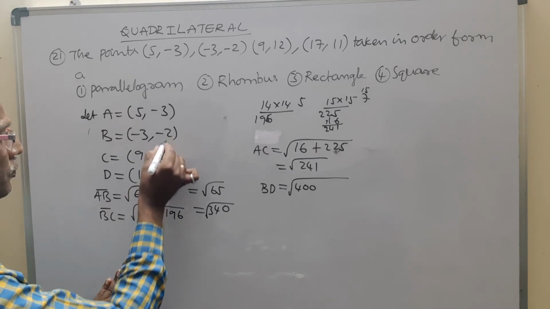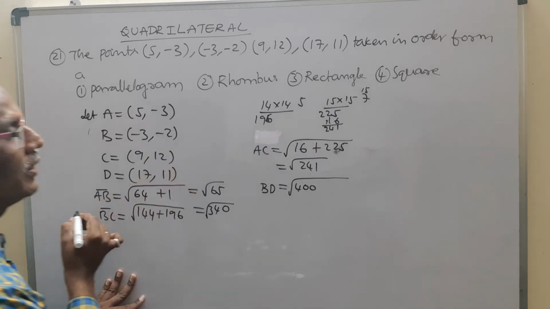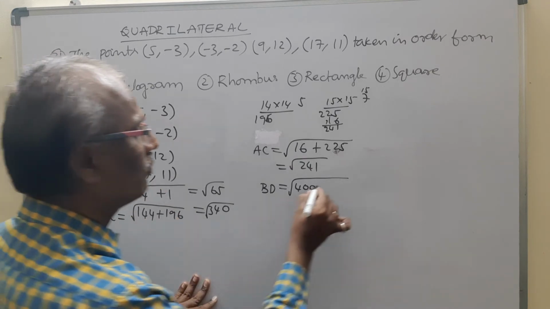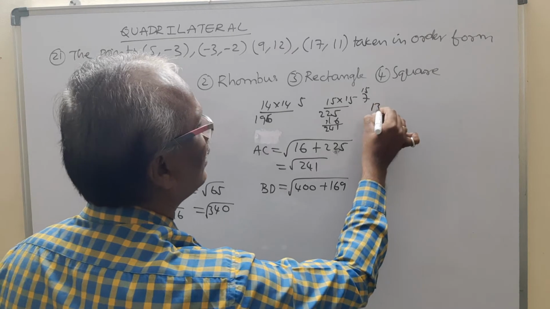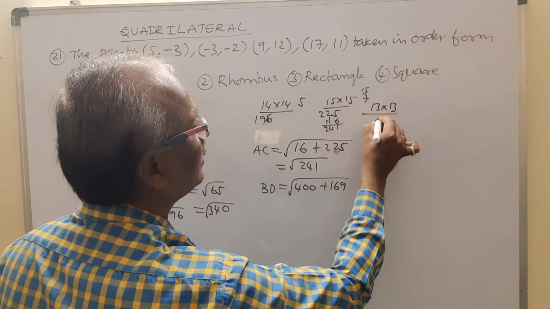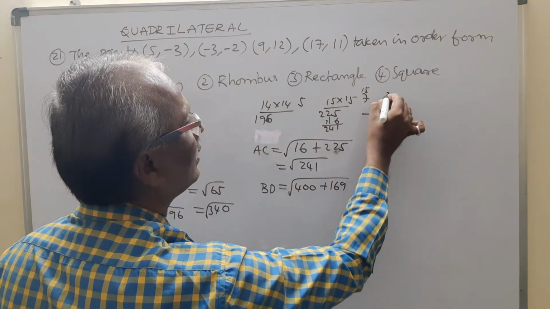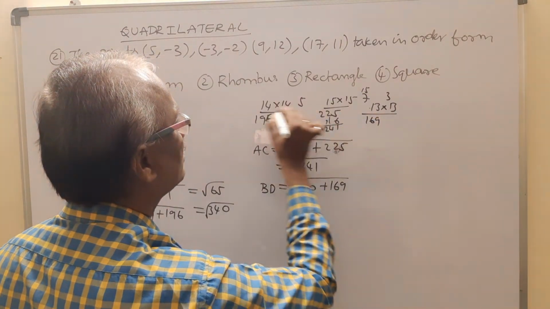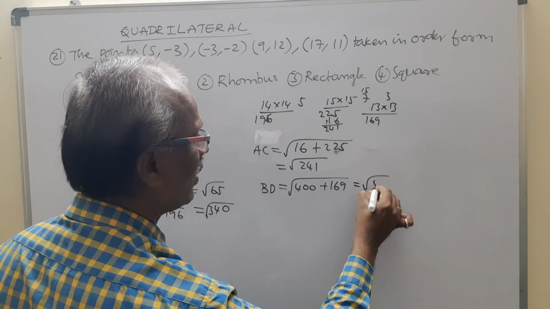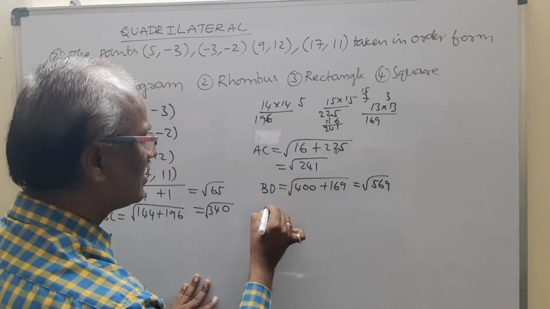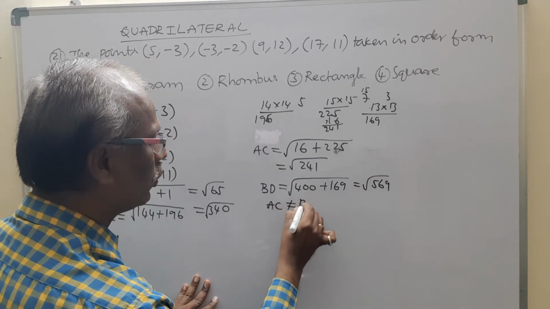Minus 2 minus 11 is minus 13, whole square 169. 400 plus 169 is 569, root of 569. Here AC does not equal BD.